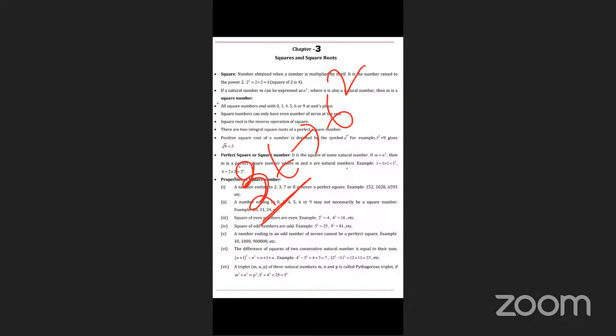At that time, this 36 is called a perfect square number. Clear? If you can write a particular number in any other number's square form, at that time this number is called a perfect square number. So write the topic in your main topic quickly.